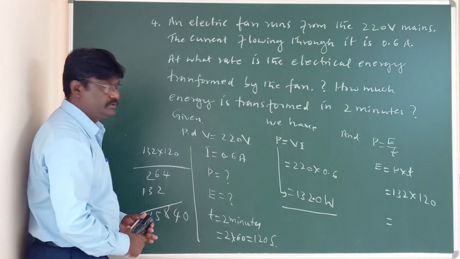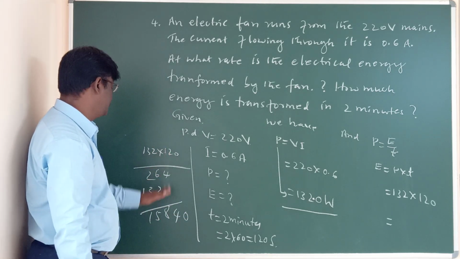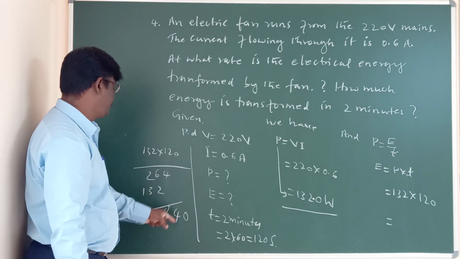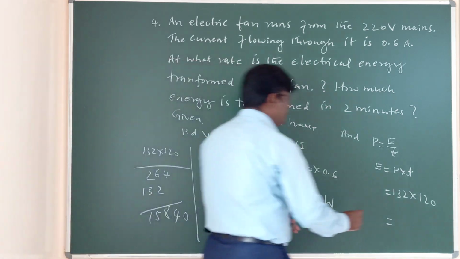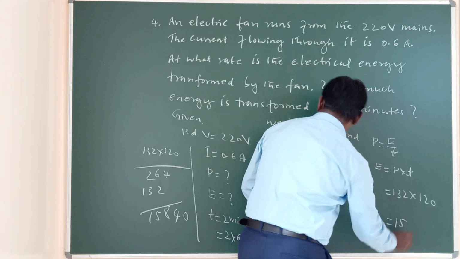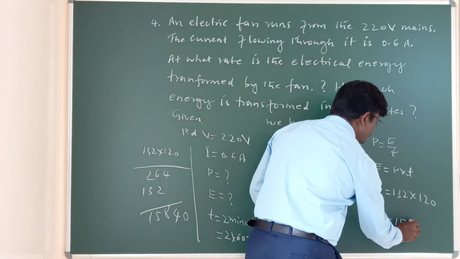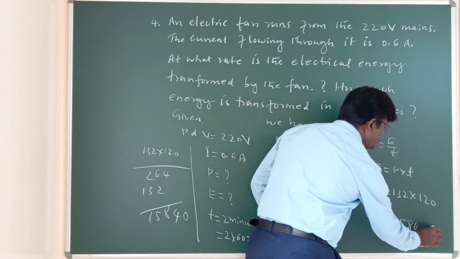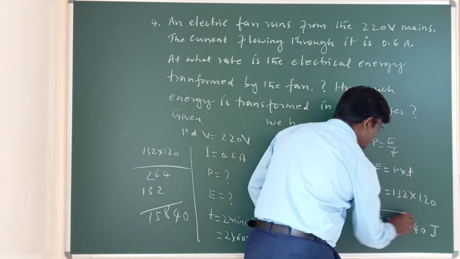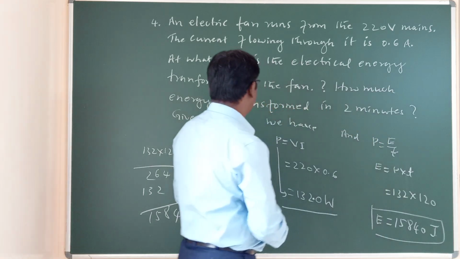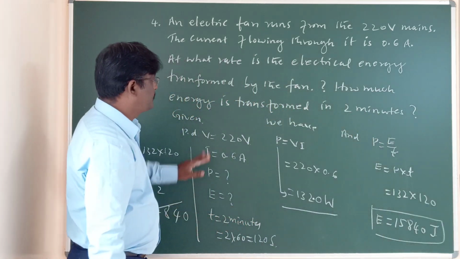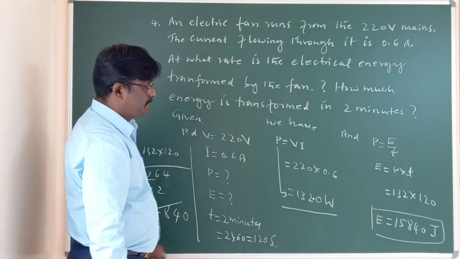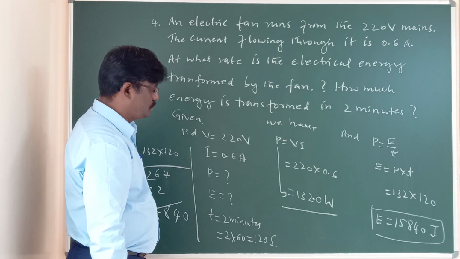Be careful, check once, twice, then you proceed. 15840. Energy means what? Joule. So children, here how much energy is transformed? It is 15,840 joules.